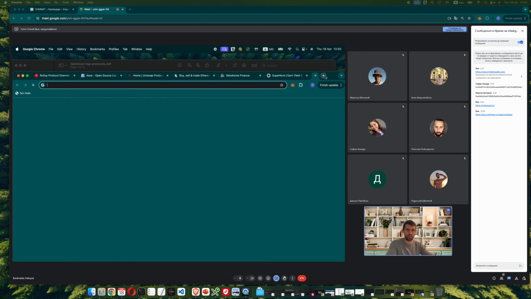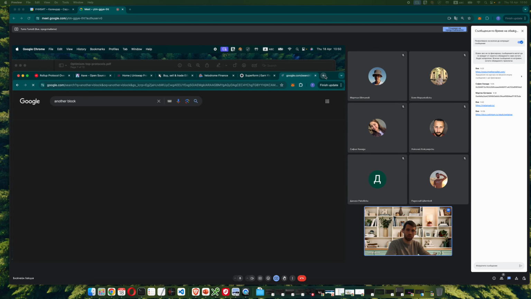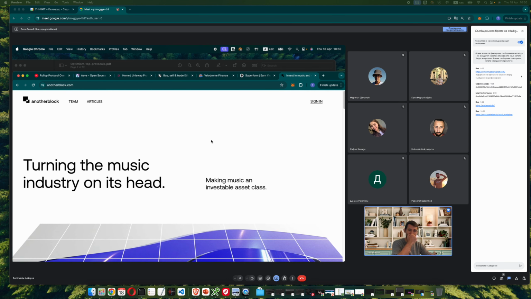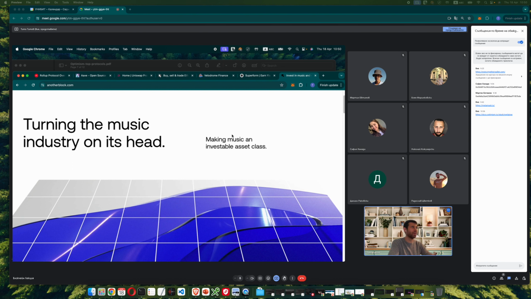Some other interesting protocol is called Another Block. This time it is not related to financial stuff, or maybe it is in some way. But the idea is that you can buy rights for music.